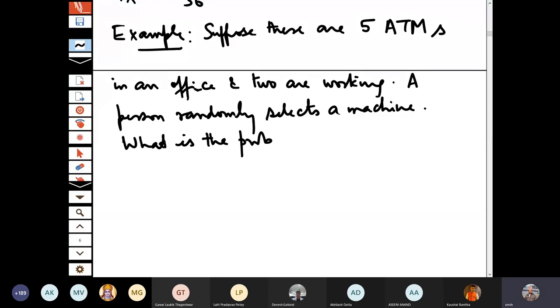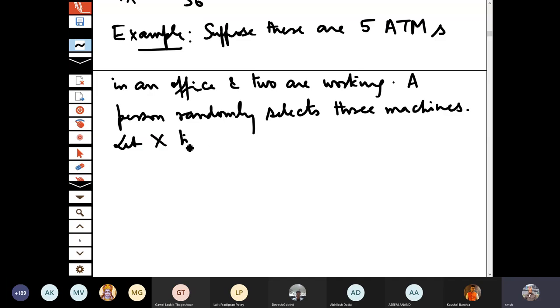So let me generalize this one rather than converting this problem to a random variable. So what we do, we put it like this. Suppose he selects 3 machines, and then out of that there can be defective and non-defective.